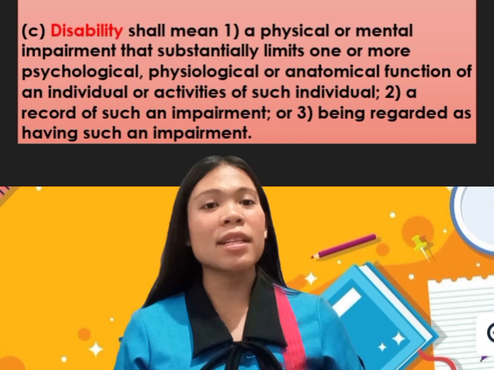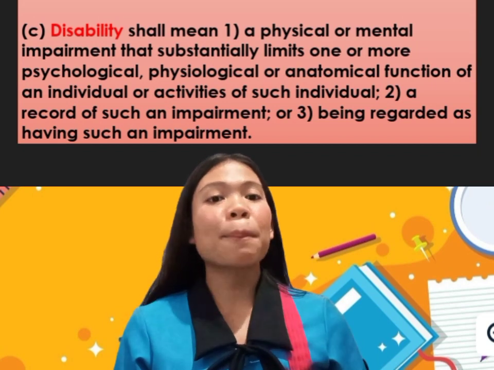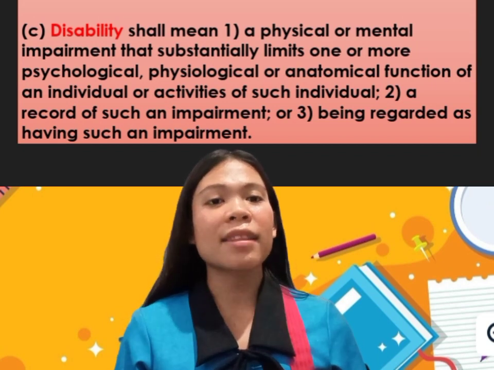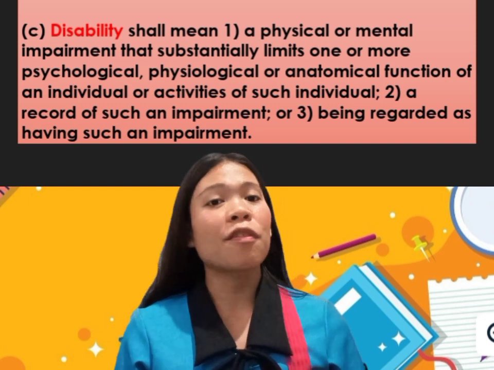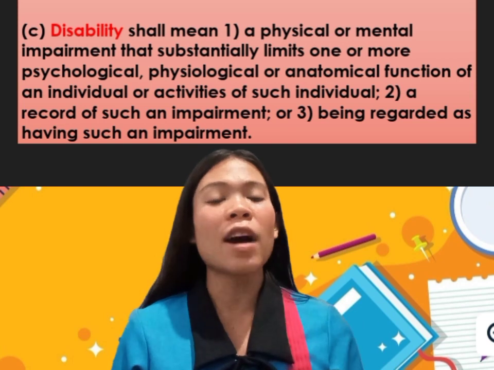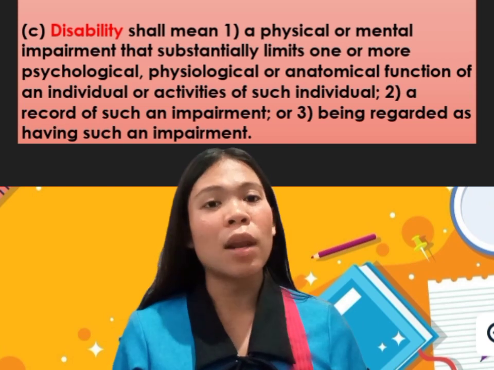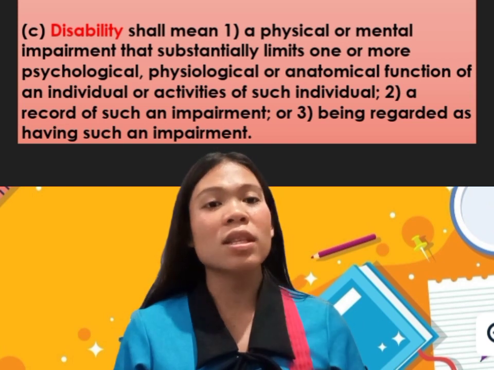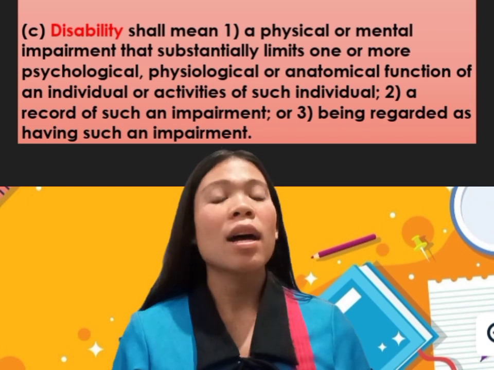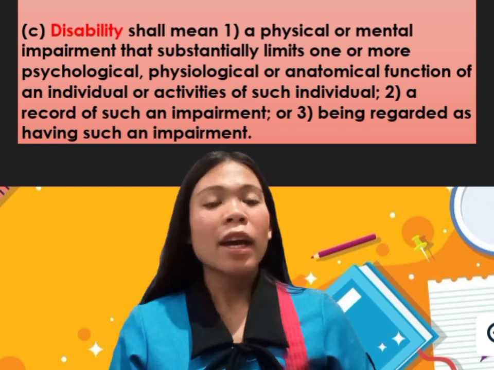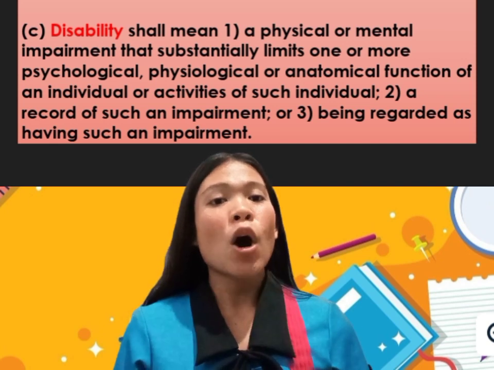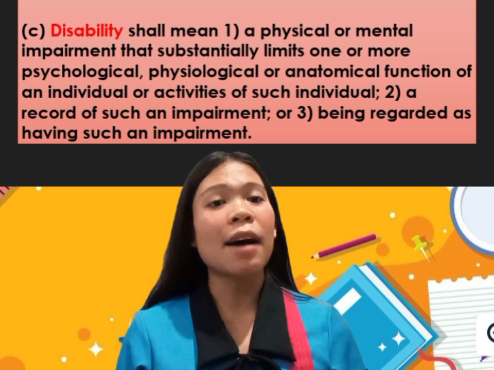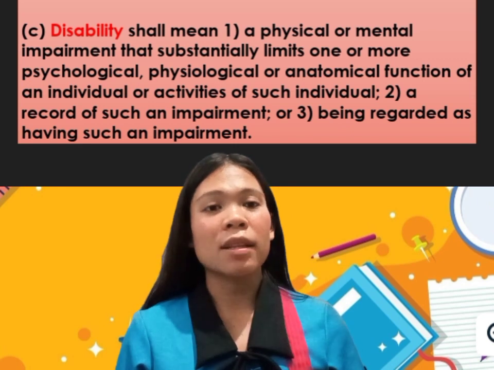Next is disability, which shall mean a physical or mental impairment that substantially limits one or more psychological, physiological, or anatomical function of an individual or activities of such individual. It also means a record of such an impairment or being regarded as having such an impairment.